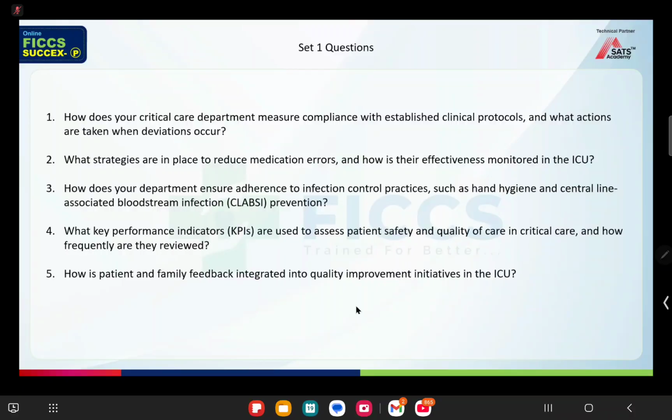Ma'am, written family feedback can be entered into a yes or no column, whether the positive feedback was there or not, and then total feedbacks can be calculated, divided by negative versus positive. The denominator can be taken as the total number of feedbacks calculated. Okay.